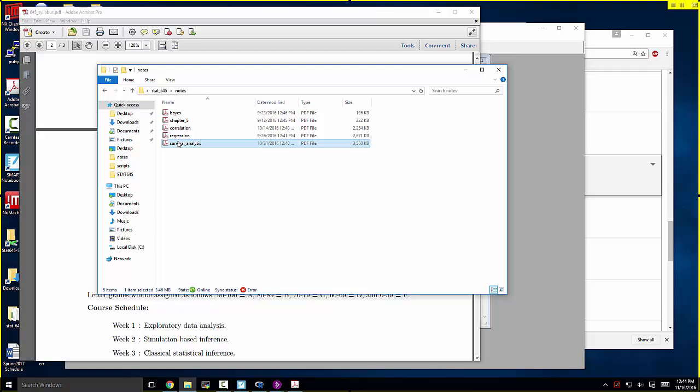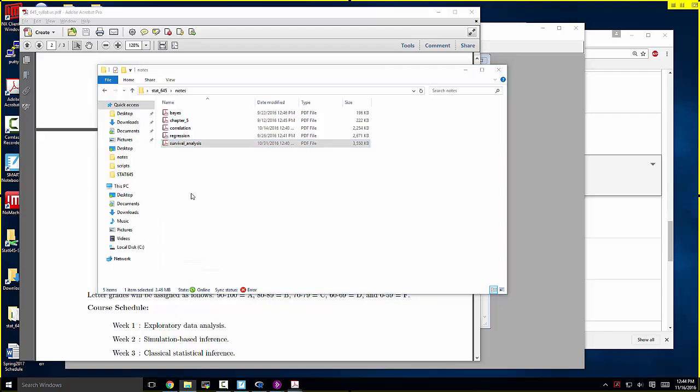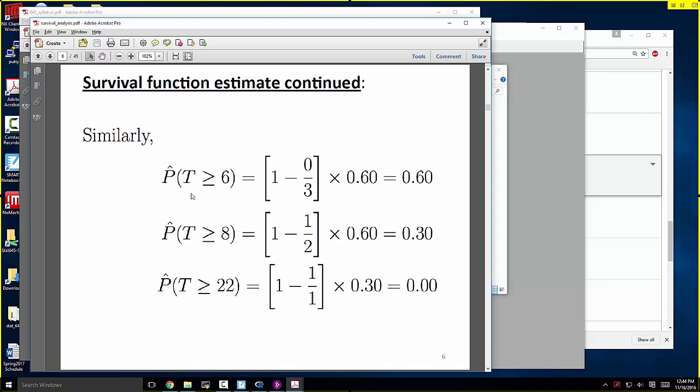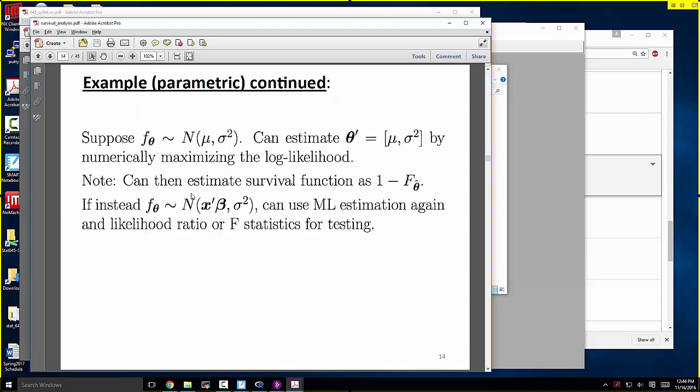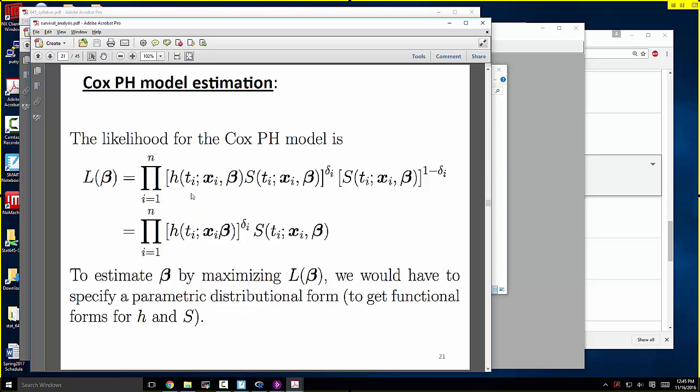If we go back to our survival analysis stuff, we're getting close to the end, and there's a couple of things more that I wanted to talk about.